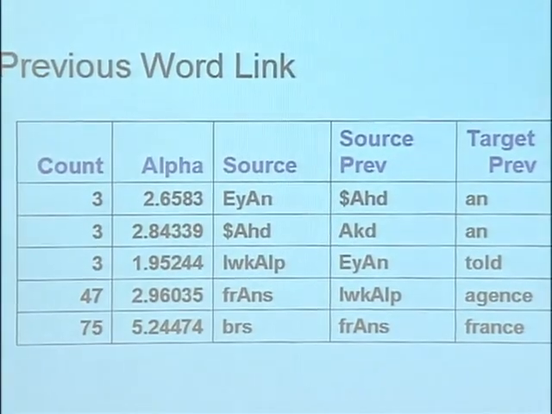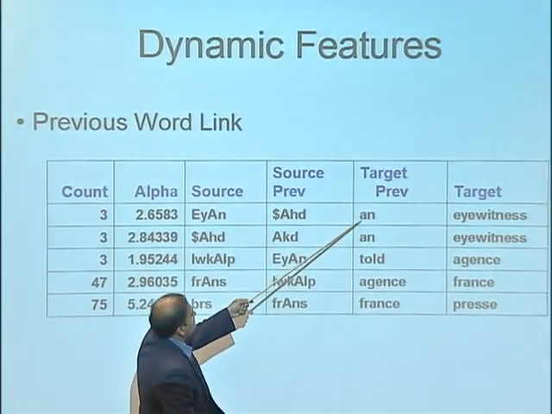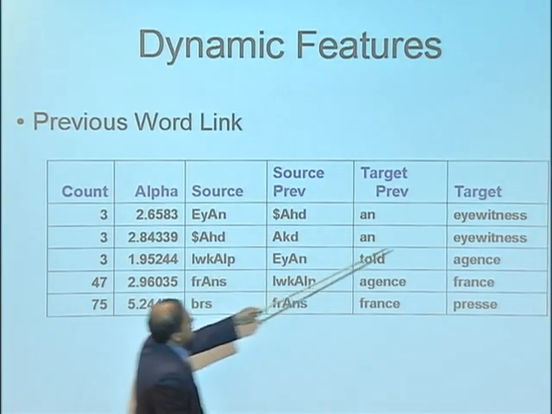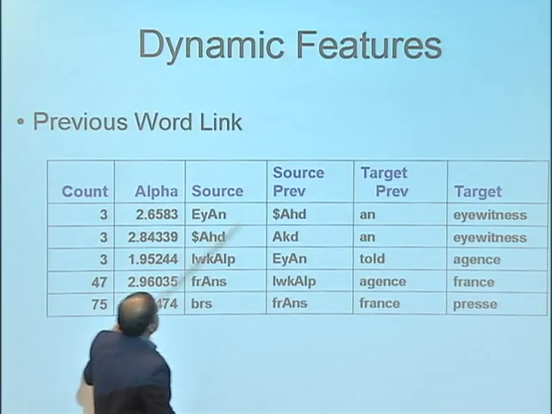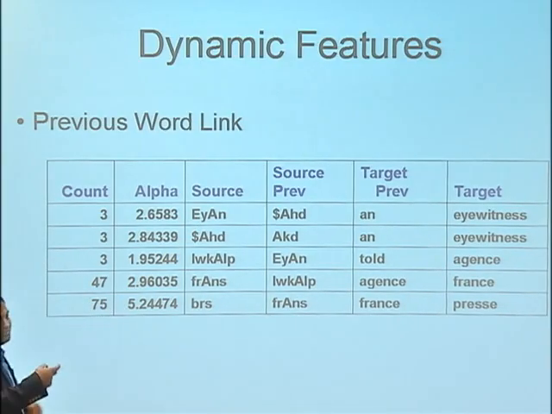Okay, and then some dynamic features. These are features that say, the previous target "and" was aligning to this word when the current target, witness, is aligning to here. So it's a compound feature. This feature fires on the hypothesis, right?